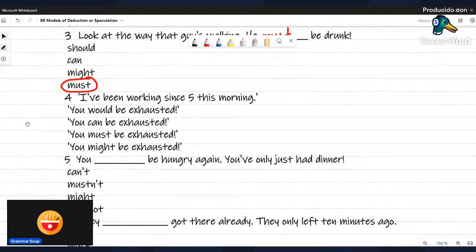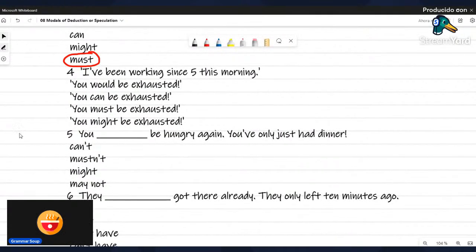Number 4, it says, I've been working since 5 this morning. Imagine working since 5 a.m. this morning. So that's how. What speculation can you say? You can be exhausted, you must be exhausted, or you might be exhausted. I think in here, the most viable option will be you must be exhausted, right?